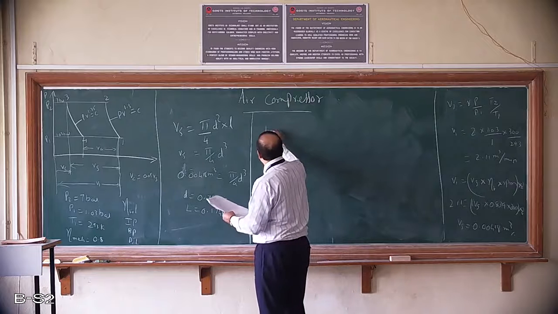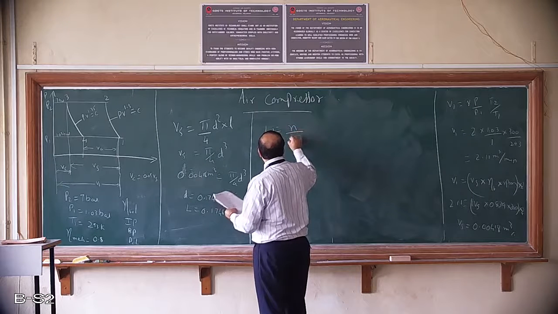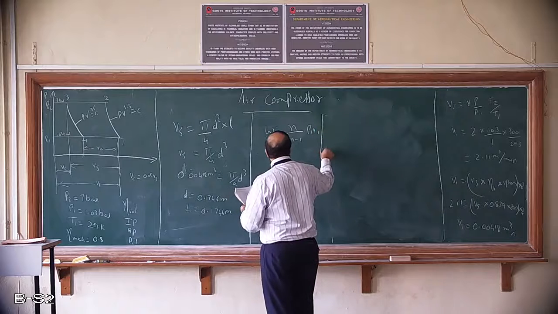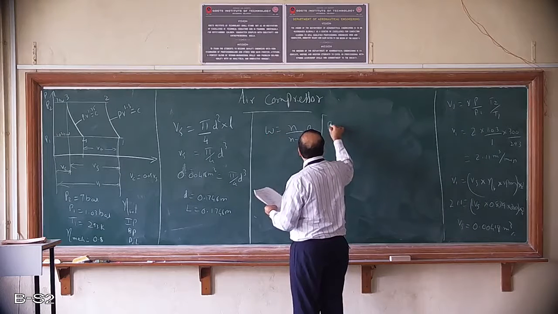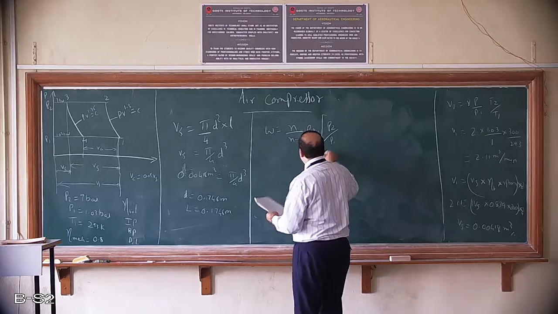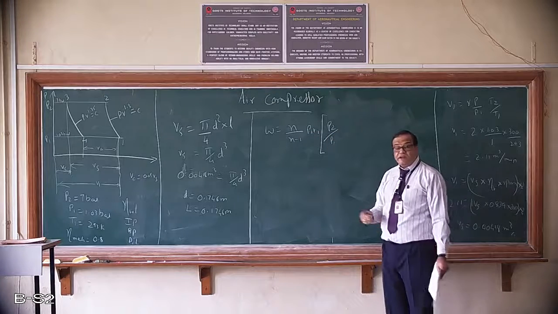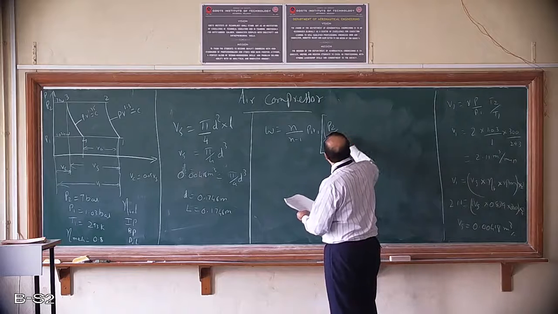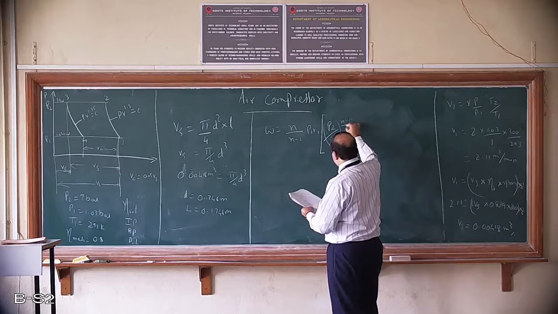Work done is equal to N by N minus 1 P1 V1. We need to take it separately because the index value is different for compression and for expansion. So this will be N minus 1 by N.